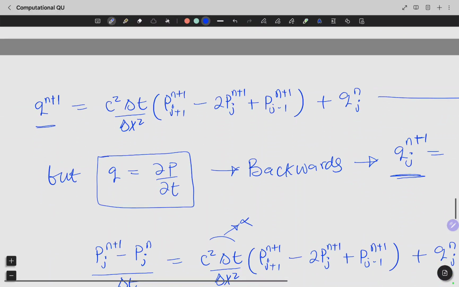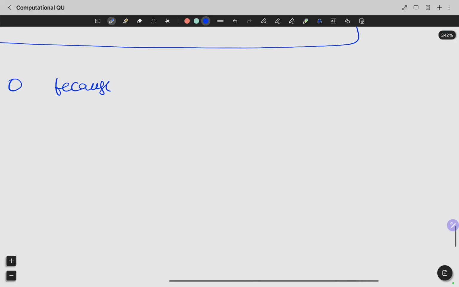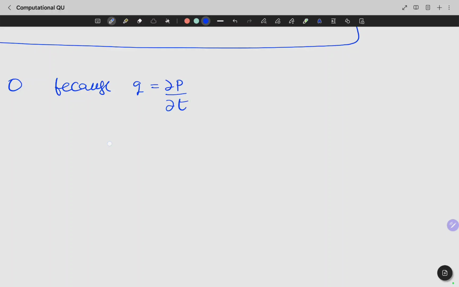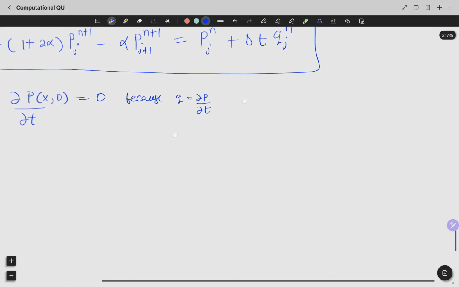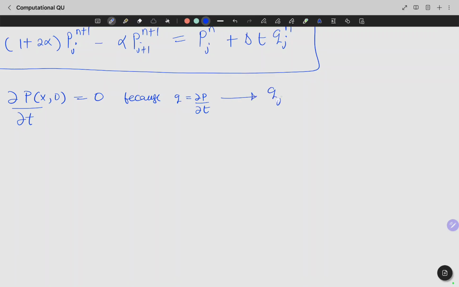Because Q is ∂P/∂t, you're just trying to say that Q_j^0 will be 0.